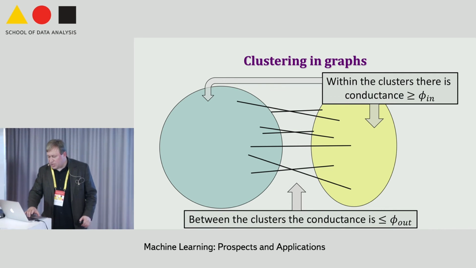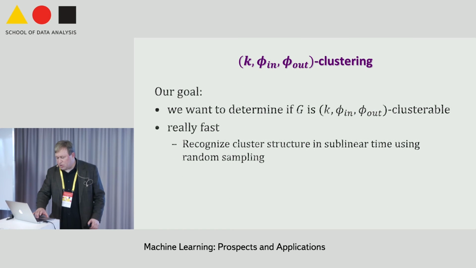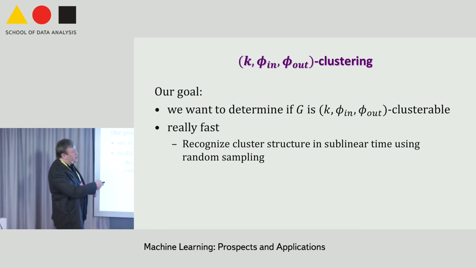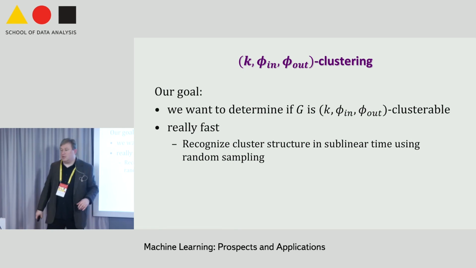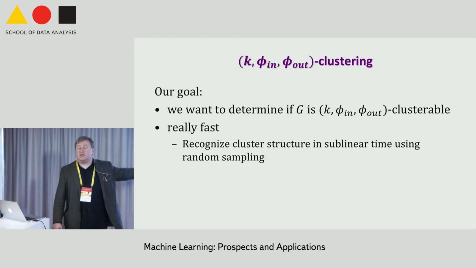I will jump a few slides, skipping the exact definition. But this means we have k clusters, with inner-conductance and outer-conductance, and we would like to recognize such cluster structure in sublinear time.